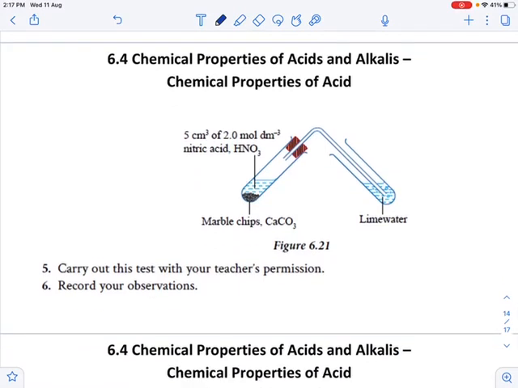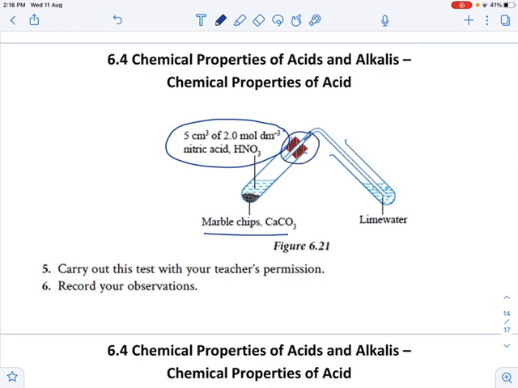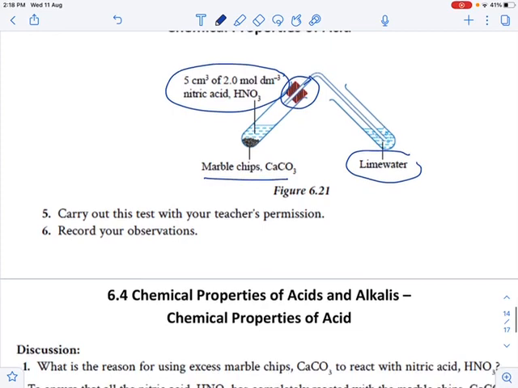Okay, in a test tube, pour 5 cm³ of 2.0 mol dm⁻³ nitric acid and put in marble chips, and then close the test tube with a stopper, and the gas released flows into lime water. Okay, so first, write the chemical equation.